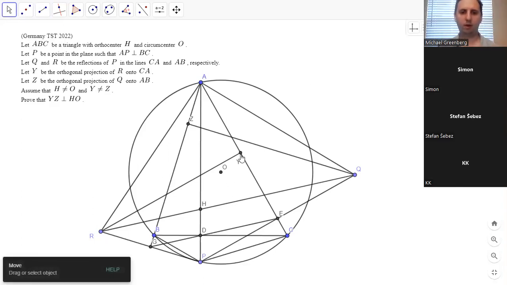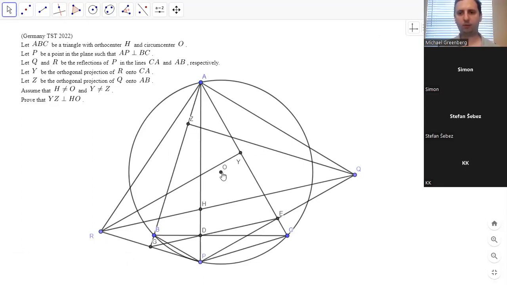Okay, so for YO squared and ZO squared, if we take the difference between their powers, it'd be AZ times ZB minus AY times YC. That would be YO squared minus ZO squared. And then can we find YH squared minus ZH squared?